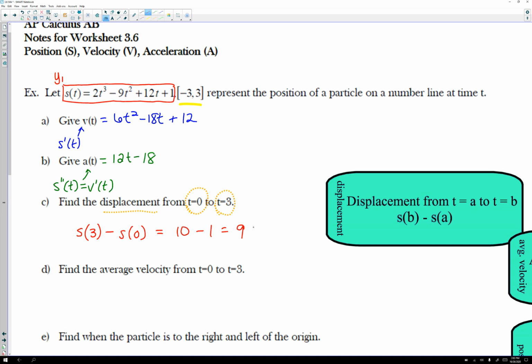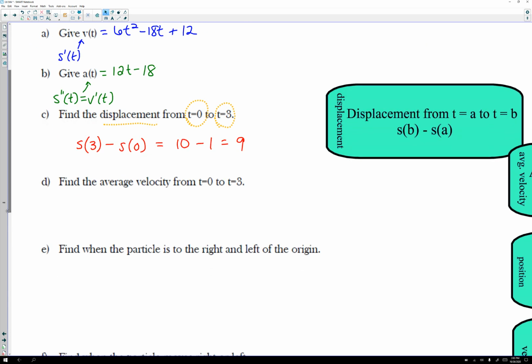All right, now average velocity. If you think back to some other average things that we've done, average velocity is an average rate of change of position.